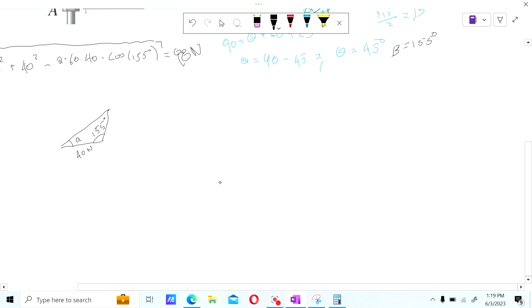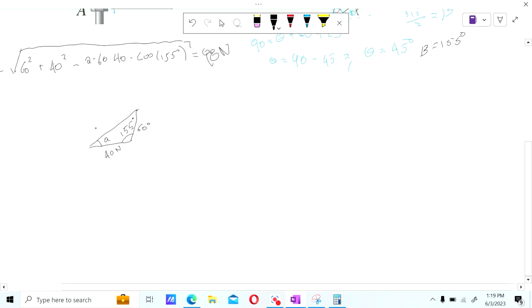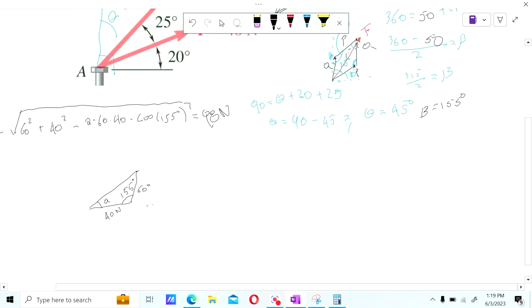I'm exaggerating the triangle here. This is actually not as steep. This has less of an angle here. But anyway, this is Q, and this is R, and R equals 98 newtons.